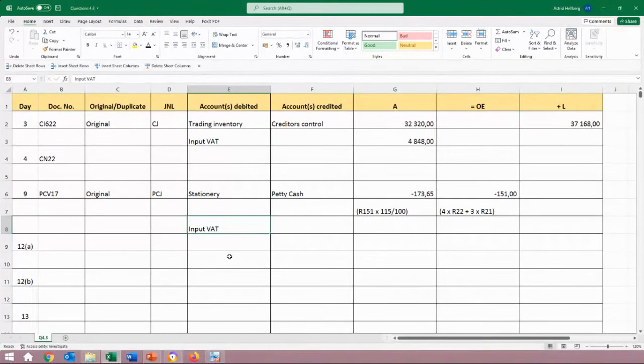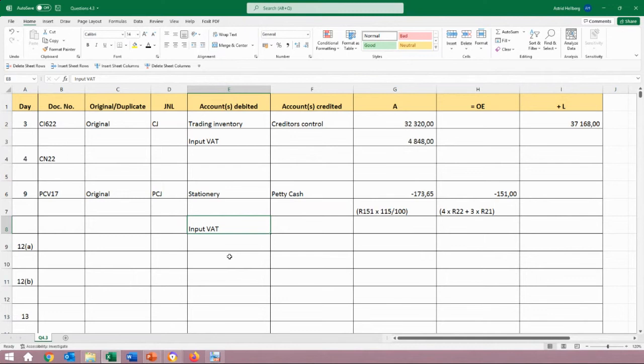Come on, guys, what do you think the answer is? Okay, so Zandile says the difference between the stationery and the petty cash. Yes, that's absolutely correct.